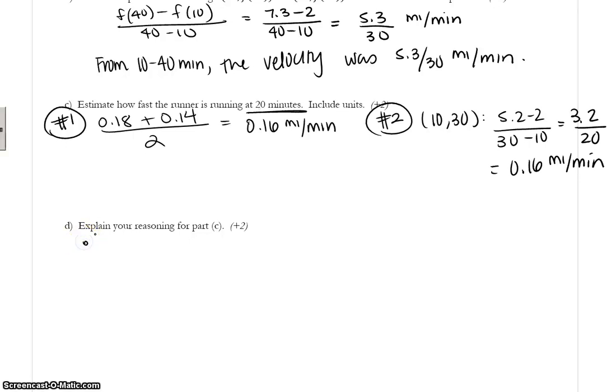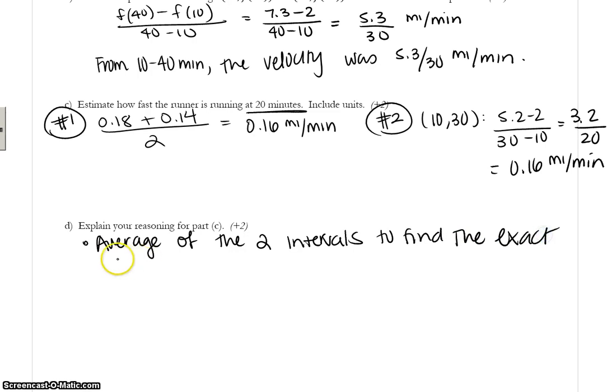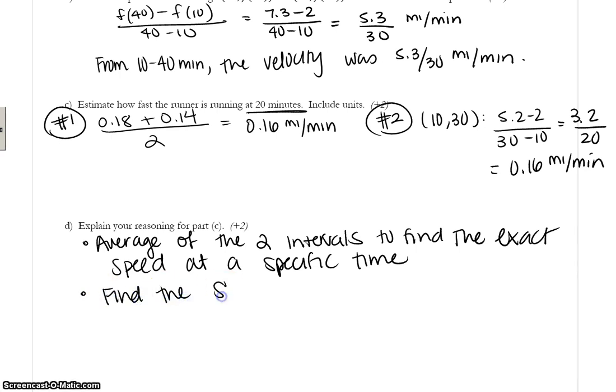So the first thing that we did was we took the average of the two intervals to find the exact speed at a specific time, or we find the slope of the two outside time intervals, so like 10 and 30, two outside time intervals.